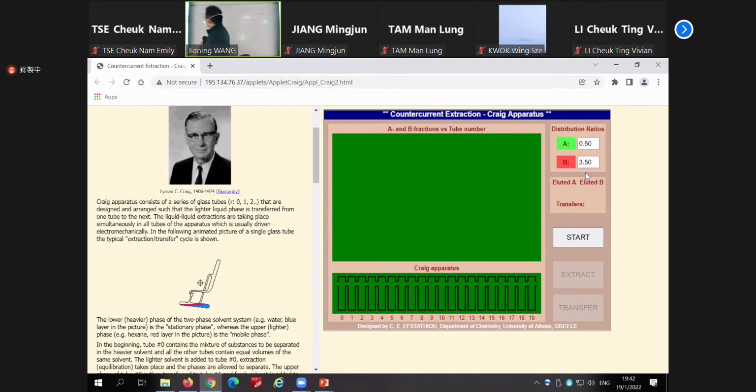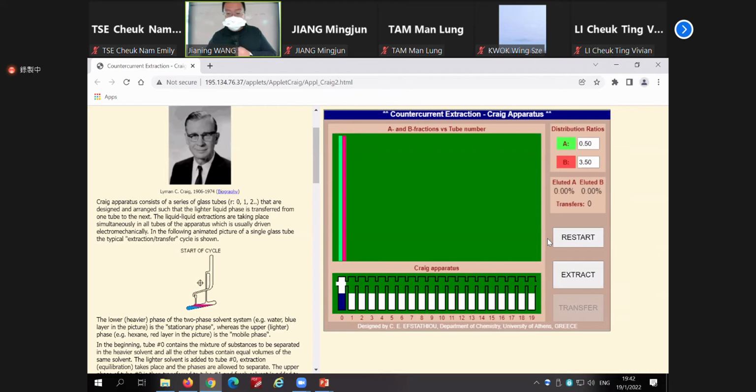Here, this is a simulation program. We have two compounds, A and B, and they have different distribution ratios in the solvent. So let's start. We mix A and B together, but they actually have different distribution coefficients.